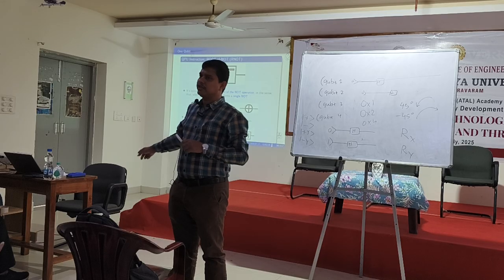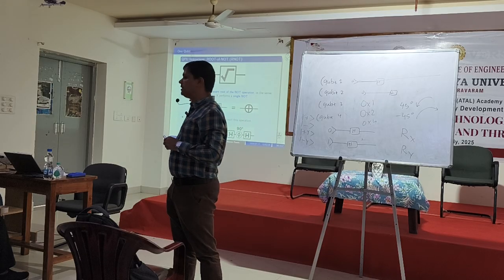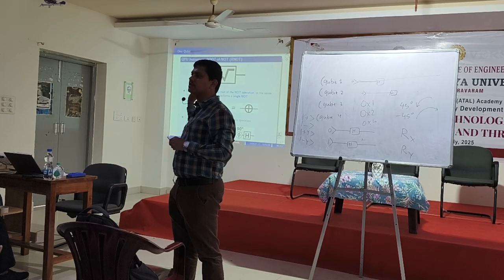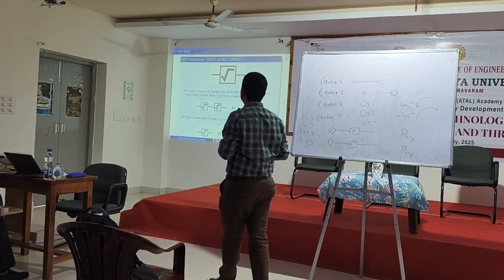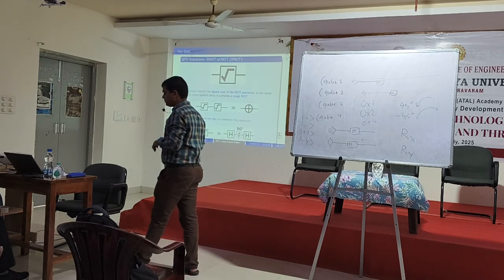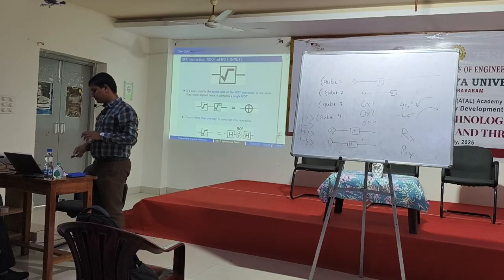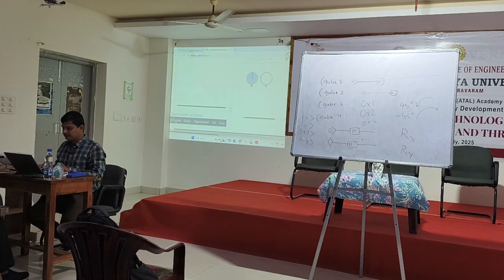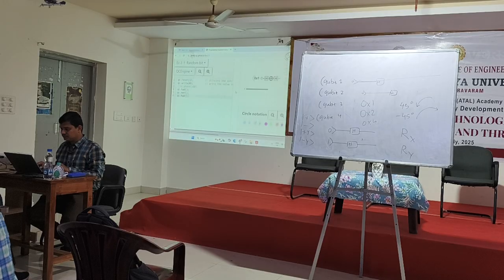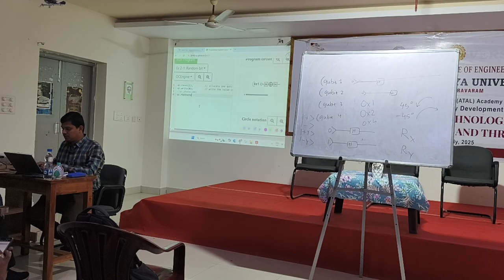Okay, so you check that root naught is same as the Hadamard plus phase plus Hadamard, both are coming same output or not. Okay, you will get same, right? QC dot root naught.